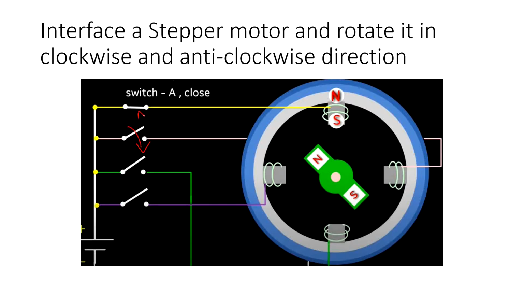So this is my A and this is my B. Now what will happen? A is north and south pole, and B also, because the current starts flowing like this. When the two currents flow like this, this becomes north and this becomes south. So you can find out that two south poles are active.